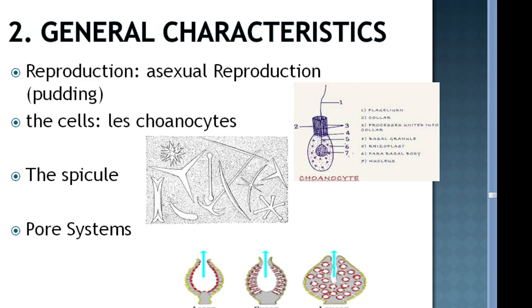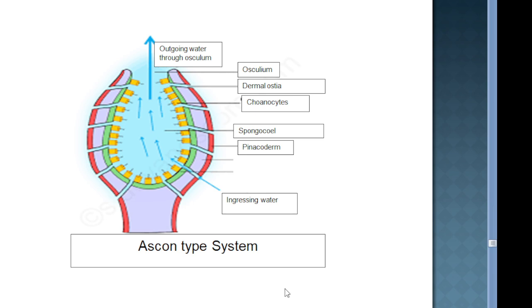Okay? So if you ask yourself what is the food of the sponges, the sponges eat zooplankton and phytoplankton. So let's discover these systems, and let's start with the simple one.